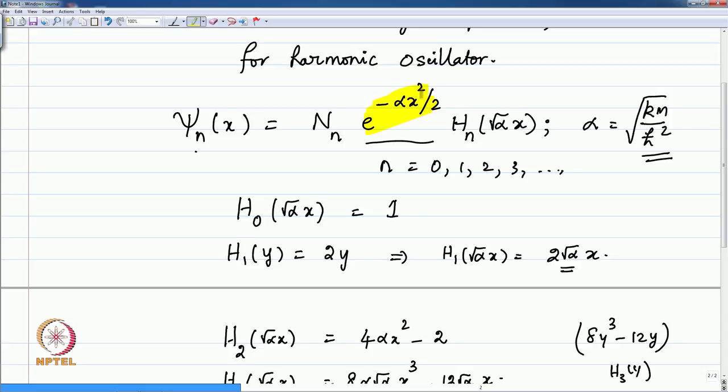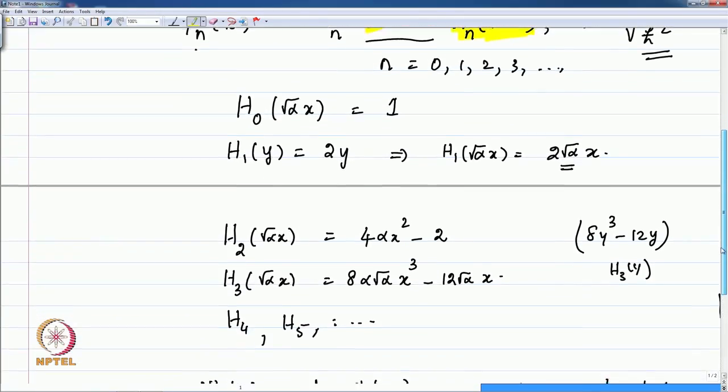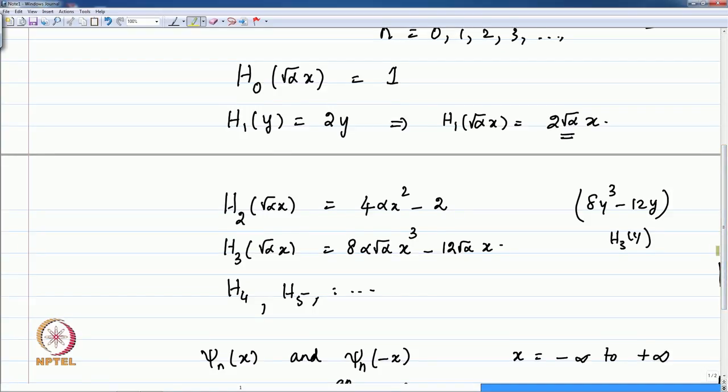Since you have the square of the x here, this function is independent of the sign of x. However, this function obviously depends on the sign of x, as you can see in some of the examples here, namely h0 of x is independent of x, therefore it is independent of the sign of x.